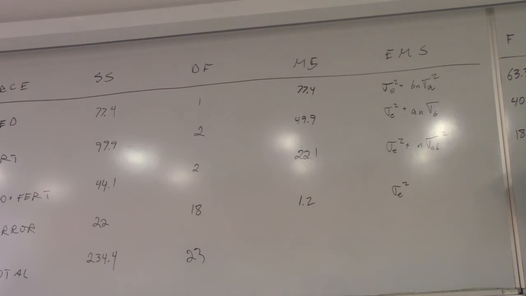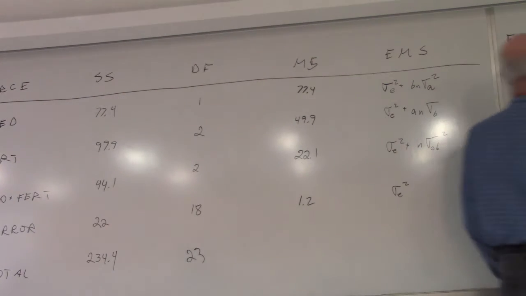And my table values are 4.41, 3.55, and 3.55. So all my factors are significant. Okay? And it turns out when you run it in R, that's exactly what you get. So that's good news. Okay?